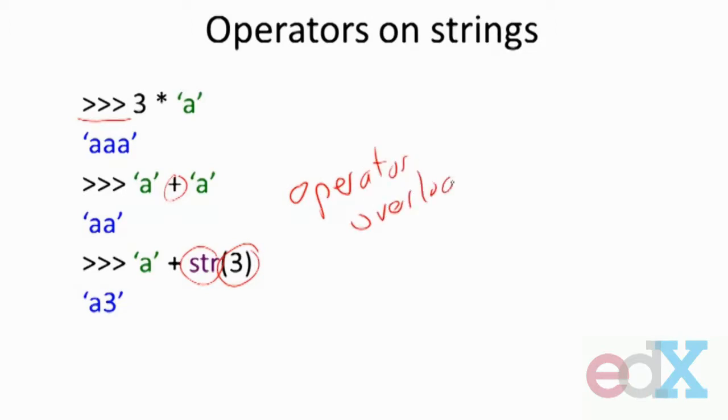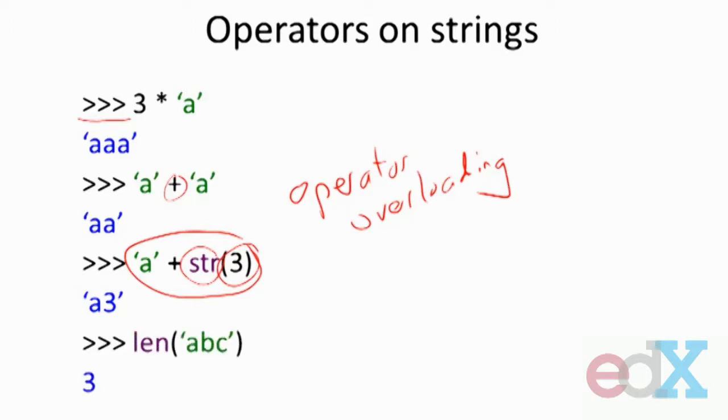in which what we are doing here, here, and here is we are using the same operator to do different things. If we give them numbers, it'll do one thing. If we give them a number and a string, in the case of multiplication, it will do something different. If we give them 2 strings, it will do something different. So we're letting the operator use the type of the object to decide what the right operation is to do.